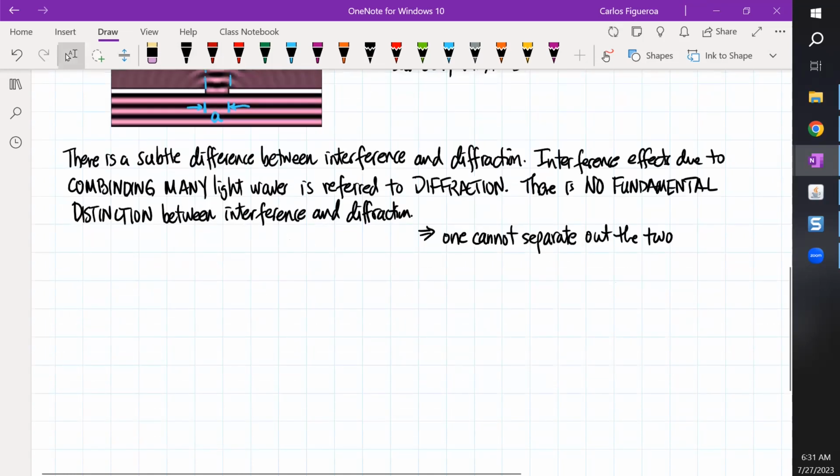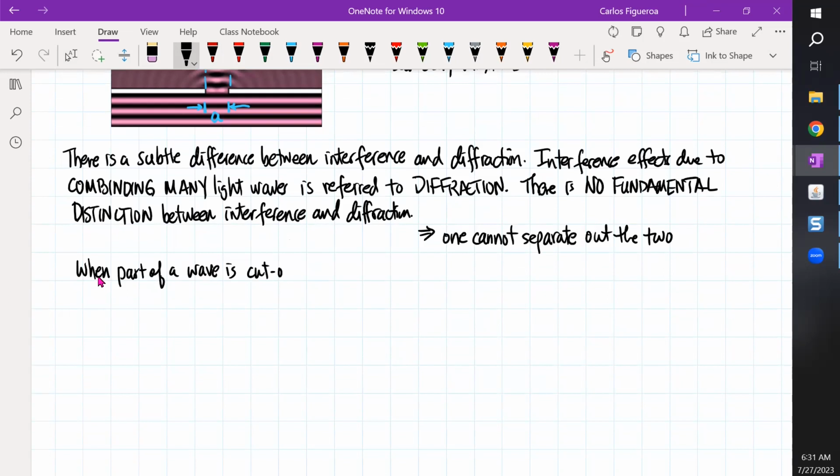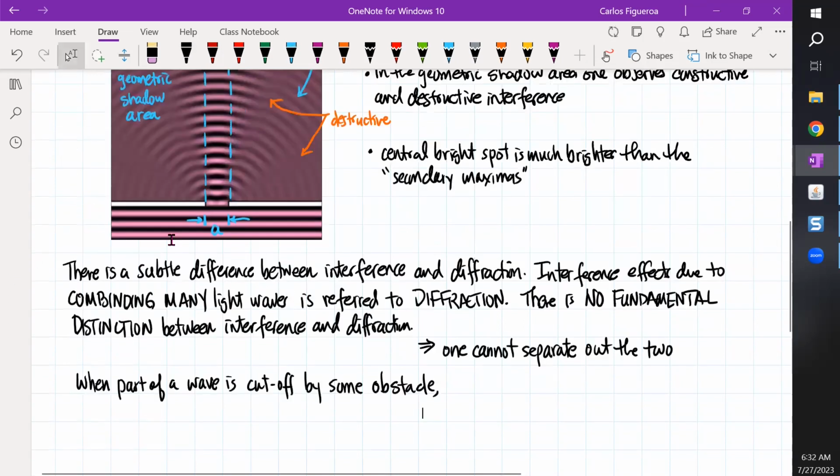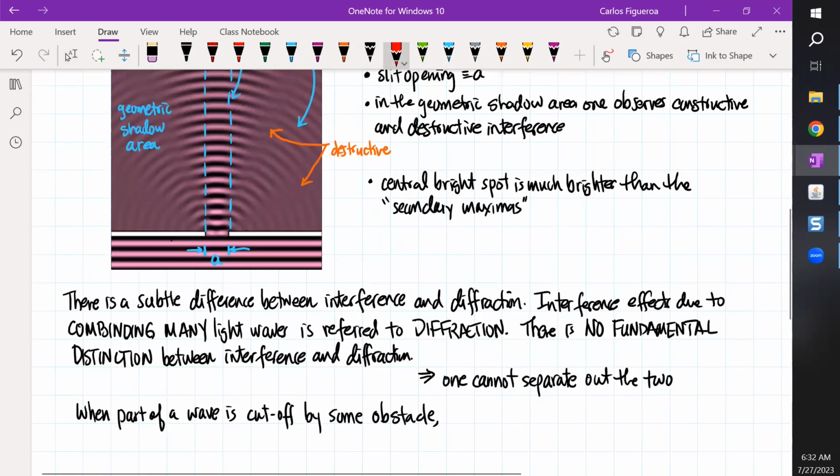Now, to be a little bit more technical as to what is going on, when part of a wave is cut off by some obstacle, and what I mean by that, if we come back up to this image here, you could see that right here the wave is coming in, but right here at that corner, part of the wave is being blocked.